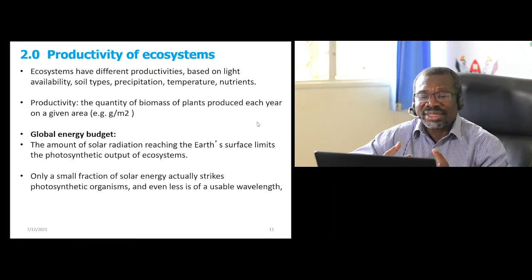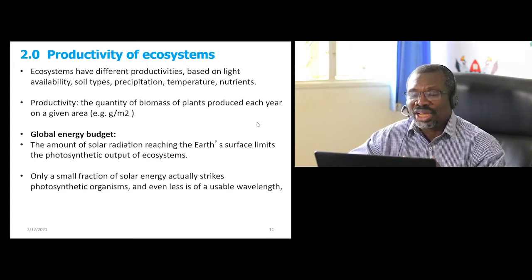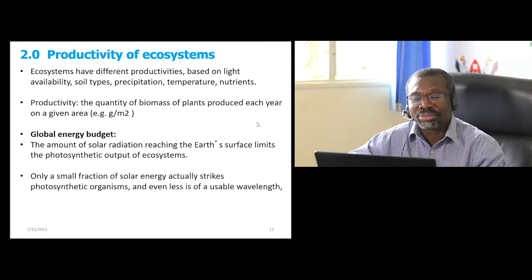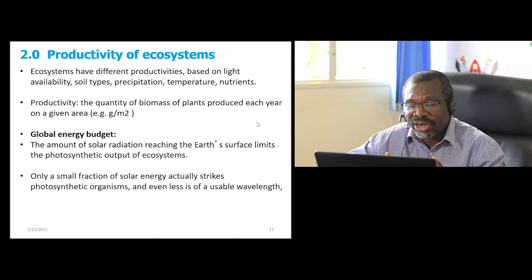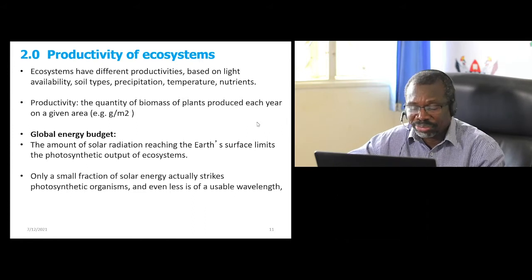So it's basically the biomass, the quantity of biomass which we get on top of the soil. And this is a function of the energy budget. The amount of energy, the net energy which is actually received by the ecosystem and which is converted into biomass.